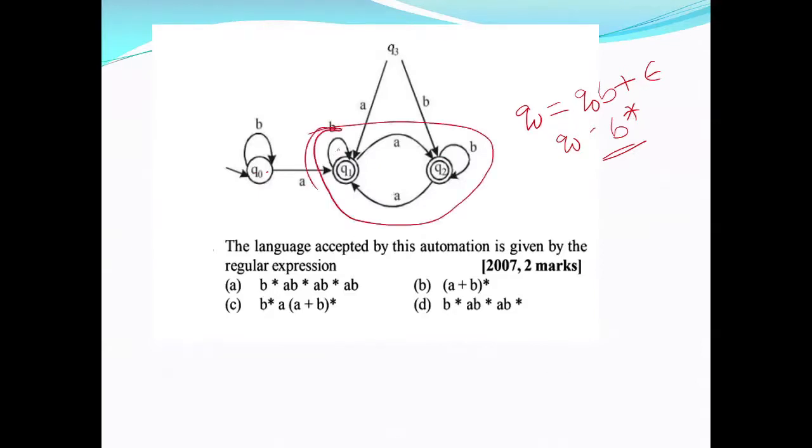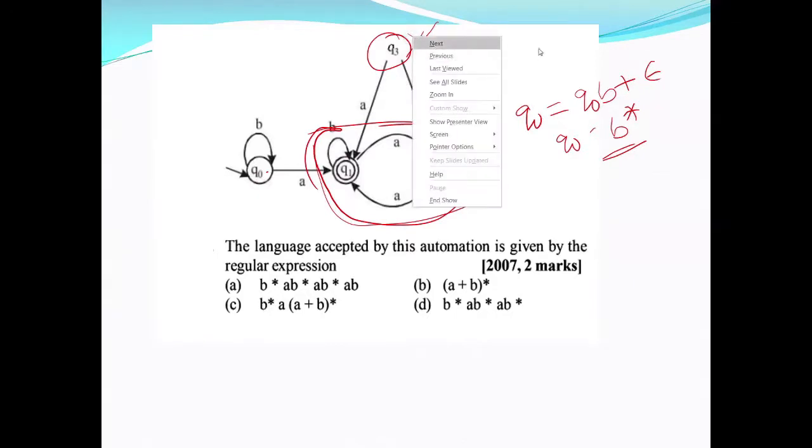Look at this part. Here there is another state, but we are never going to that state from Q0. So this is not required for me. You can eliminate that state also, it doesn't matter.